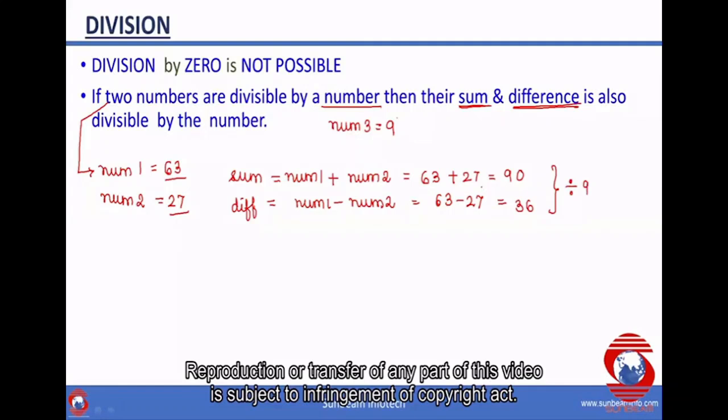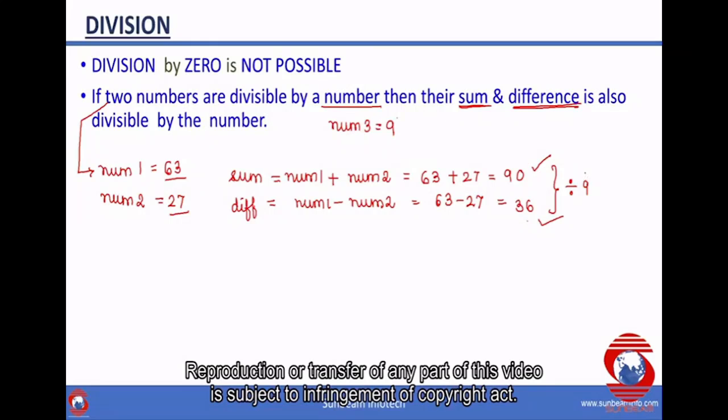They are divisible by 9. So students, is it possible to divide 90 by 9? Can I divide 90 by 9? Yes. Can I divide 36 by 9? Yes. So if you observe here कि अगर दो नंबर्स है और उसको थर्ड नंबर से हम डिवाइड करने वाले हैं, देन उस नंबर का सम और उस नंबर के डिफरेंस को भी हम 9 यानी उस थर्ड नंबर से डिवाइड कर सकते हैं. Fine.